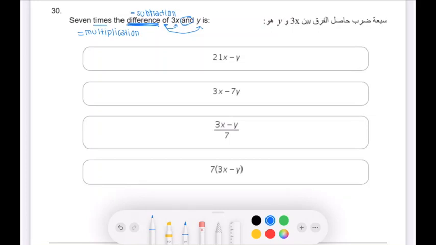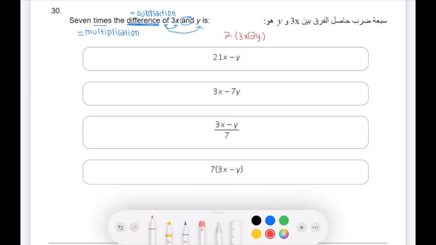So we need to do the subtraction between these two values. So it would be 7 times the difference of 3x and y. Because they say the difference of 3x and y in one sentence, we know that they are going to be in parentheses. So it would be 3x minus y.